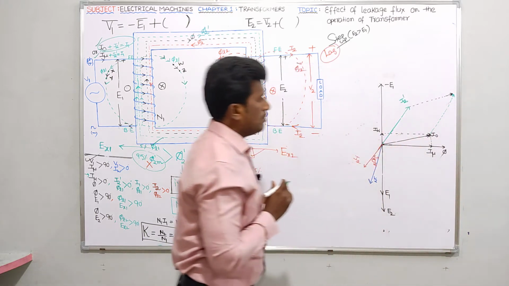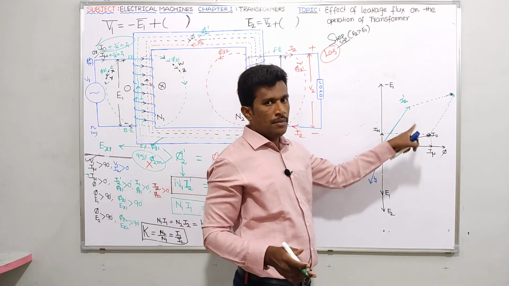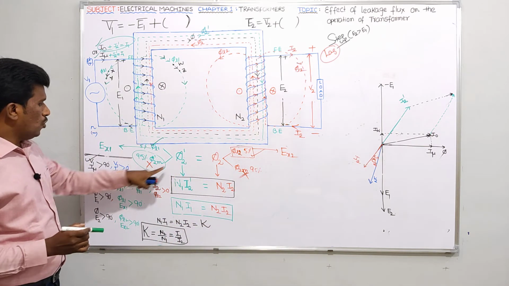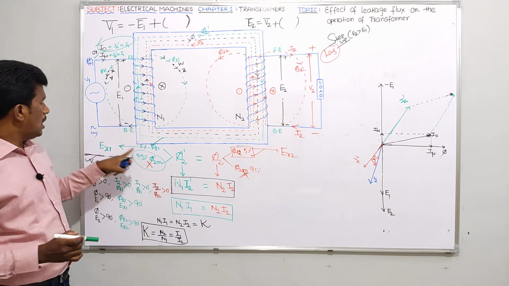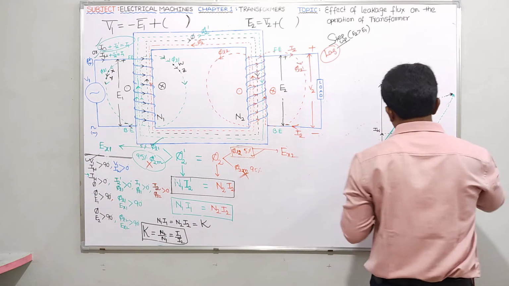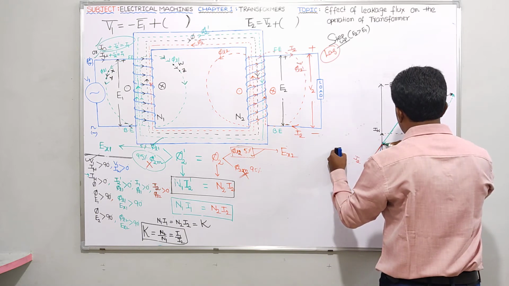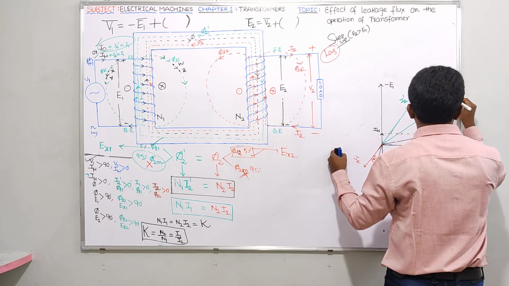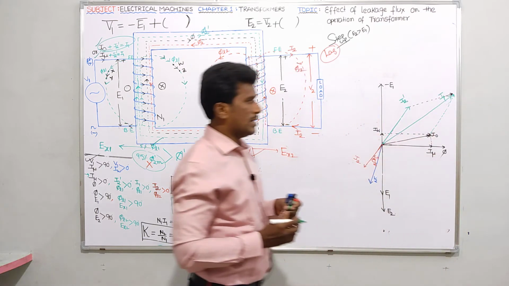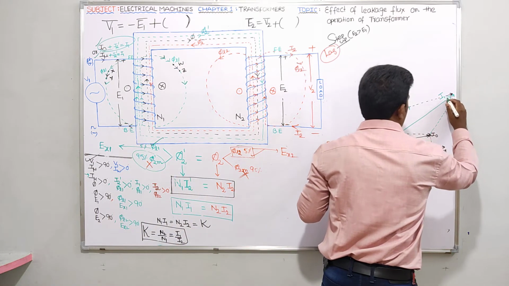Okay, the vector sum of I0 and I2 dash gives you I1. I can use some other color, I can use blue, but let me use green only. Why? Because I told you I2 dash or I1, I represent with the green color. So for your better understanding, let me use the same green color. The vector sum of I0 and I2 dash gives you what here? I1. So I1 is nothing but the vector sum of I0 and I2 dash. That's what I can say is the I1 vector. Okay guys, I1 vector.